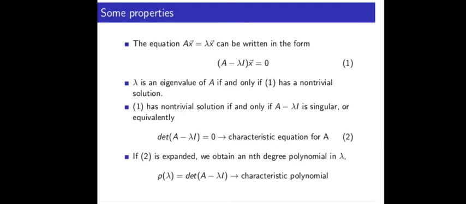Then equation 1 has a non-trivial solution if and only if A minus lambda I is singular, or equivalently, the determinant of A minus lambda I must equal 0. When we equate it to 0, we get an equation which is called the characteristic equation. And if equation 2, that is determinant of A minus lambda I equals 0, is expanded, we obtain an nth degree polynomial in lambda, which is called the characteristic polynomial.